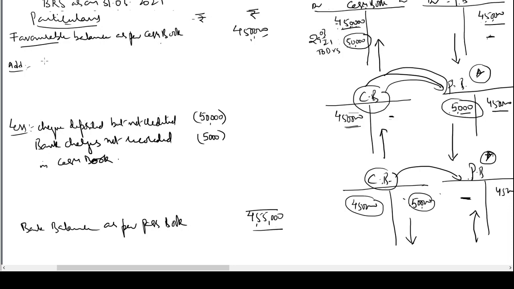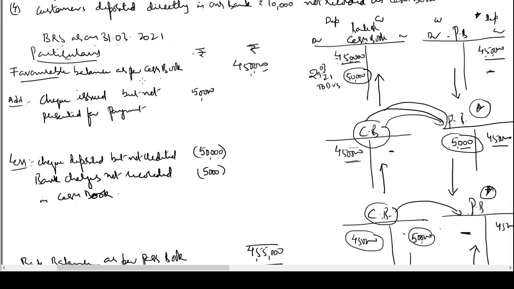So I'll now write: check issued but not presented for payment. 50,000 will be added. That is why I'm not putting brackets around it.